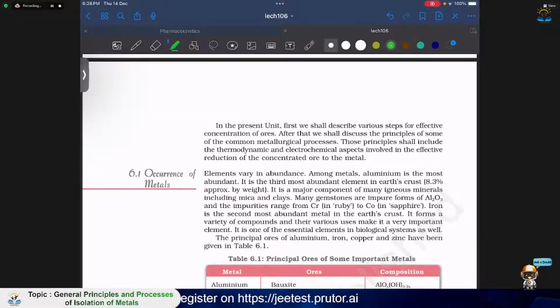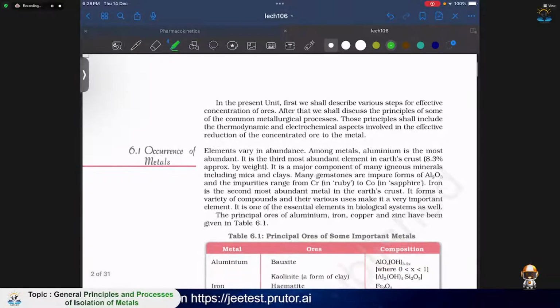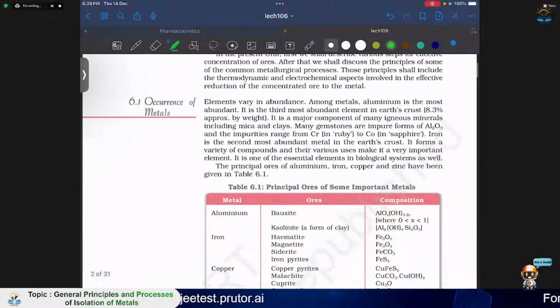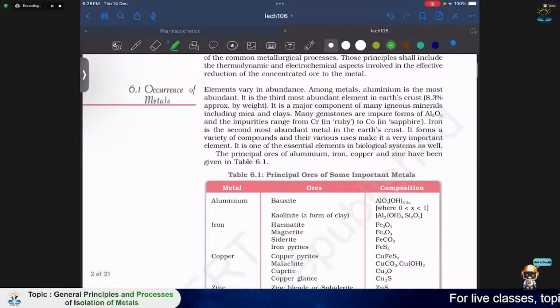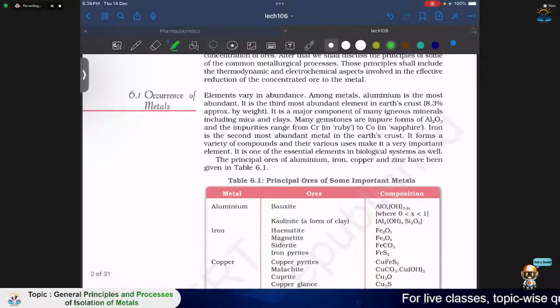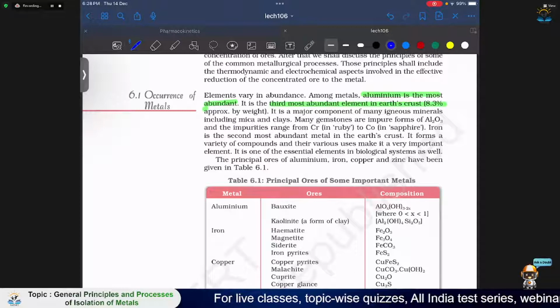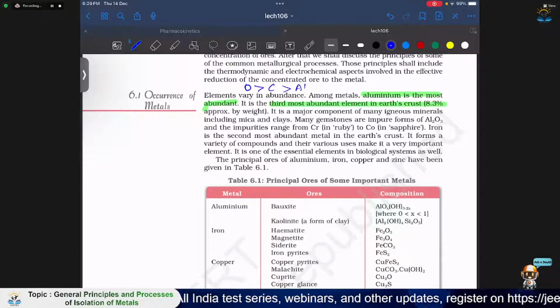So let's see the occurrence of metals first. How do metals occur in the Earth's crust? Elements or metals and their ores are listed in this table. Aluminium is the most abundant metal and it is the third most abundant element in the Earth's crust. The most abundant element in the Earth's crust is oxygen, followed by silicon, then aluminium.